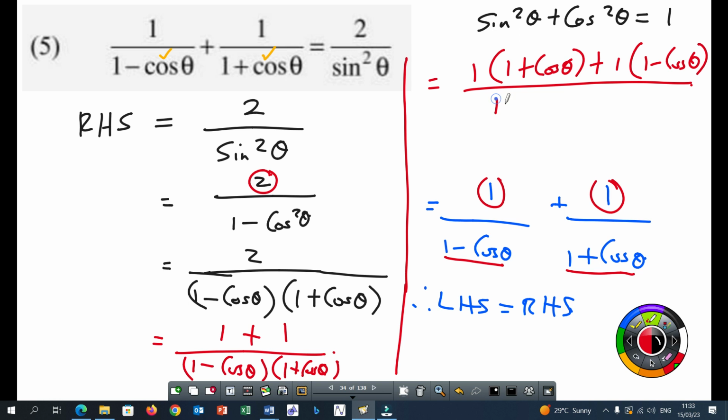This will be over 1 minus cos theta times 1 plus cos theta. When you remove brackets in the numerator, this positive cos theta and that minus cos theta will cancel out, and eventually we can end up having 1 plus 1, but the denominators will be these two.